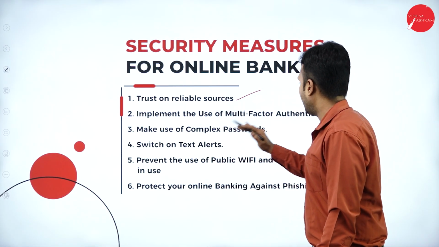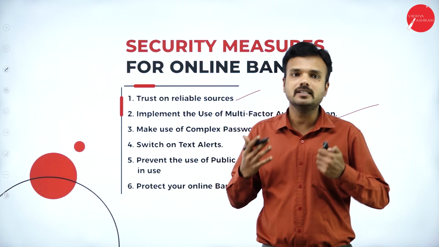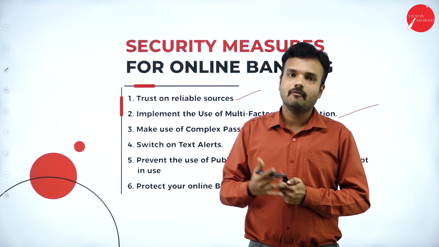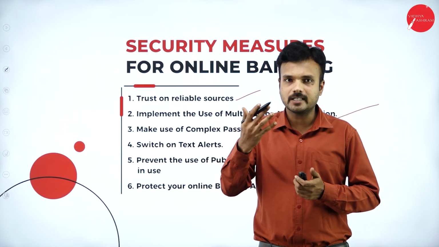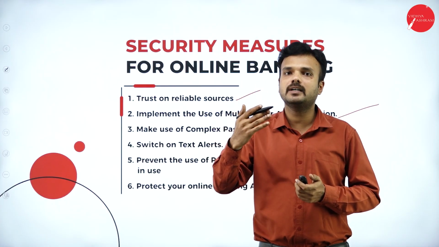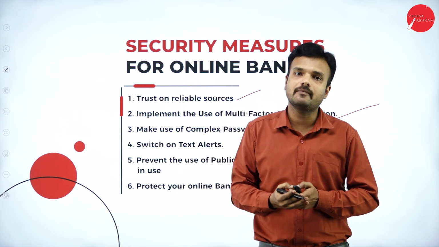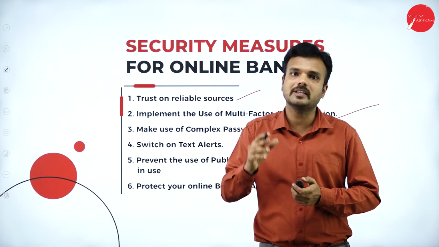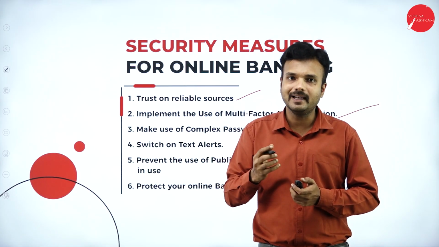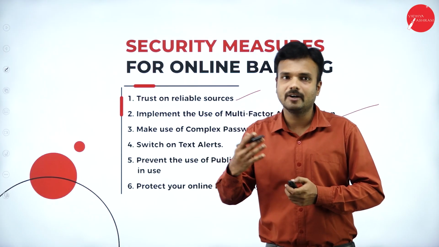Implement the use of multi-factor authentication. Say, for example, I have a PhonePe application. While making a payment, I have to go through two kinds of password. Password number 1 is the password of Google Pay. Password number 2 is the password of the cell phone or application. I have installed an app lock inside the mobile which protects the application, whether it is PhonePe or Google Pay.